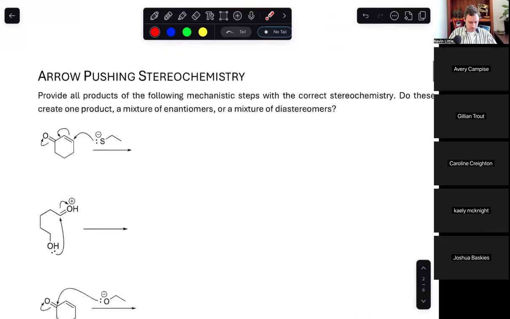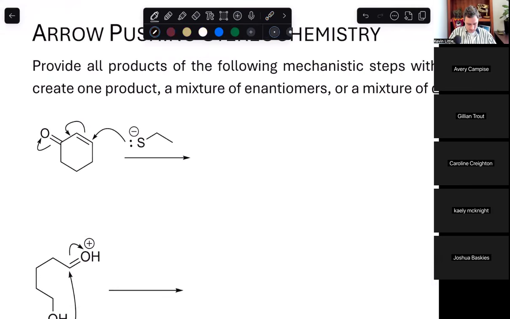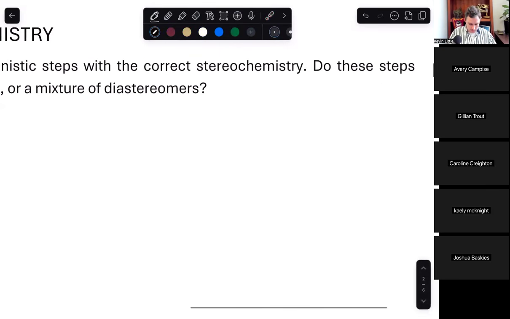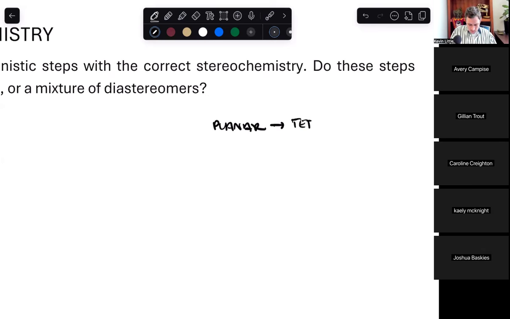So these questions are pretty similar. We're still interpreting arrows, but now one of the tricks is we have to understand the stereochemistry that we're creating with these arrows. So there's a set of rules where if something that's planar goes to something that's tetrahedral, we get wedge and dash.